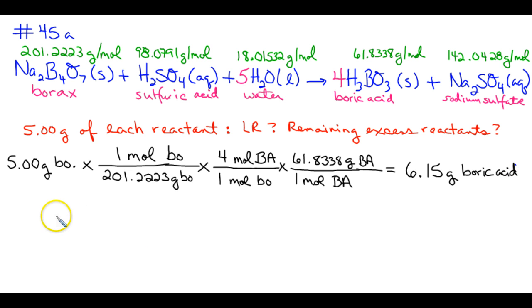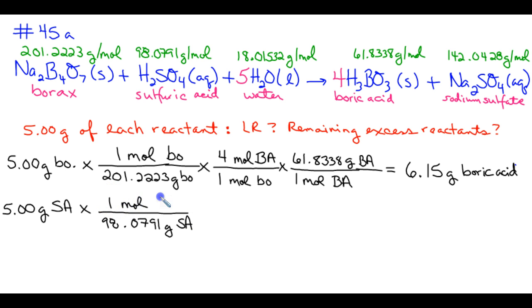Okay, guess what? We get to do it again. This time we're going from 5 grams of sulfuric acid. I'm going to abbreviate that SA. Molar mass is 98.0791 for 1 mole of sulfuric acid. And then to get us from moles of sulfuric acid to moles of boric acid, we have to use our mole ratio from the balanced equation.